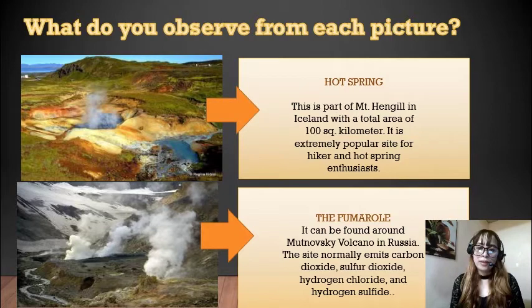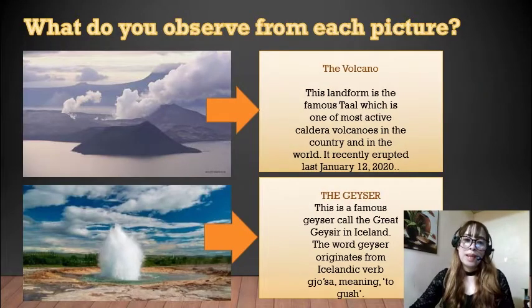The next picture I'm showing you is the fumarole. This can be found around Mutnovsky volcano in Russia, and the site normally emits carbon dioxide, sulfur dioxide, hydrogen chloride, and hydrogen sulfide. So I want you to write what you observed on these two pictures.